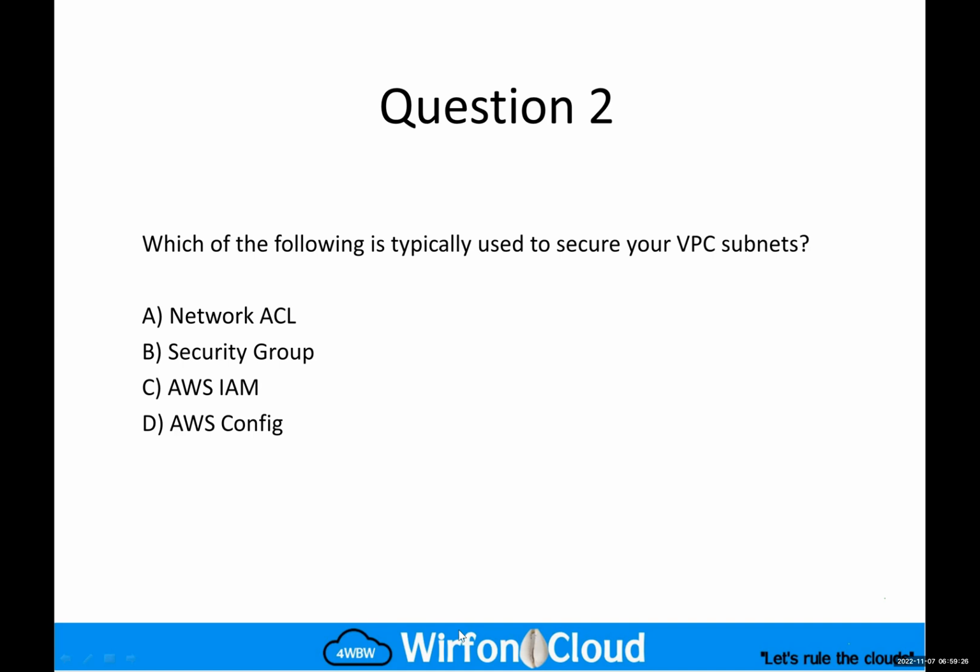So I choose A, which controls security at the subnet level. Thank you, Lawir, for that contribution. A lot of people also agree with you on the answer. So we have NACL to control, as Lawir said, security at the level of our subnets.